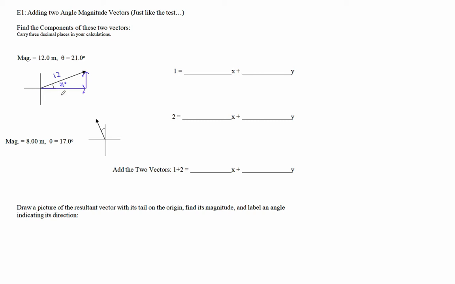Okay, and this is my adjacent side. This is my opposite side. So let's figure that out, right? For the first one, adjacent is 12 cos 21.